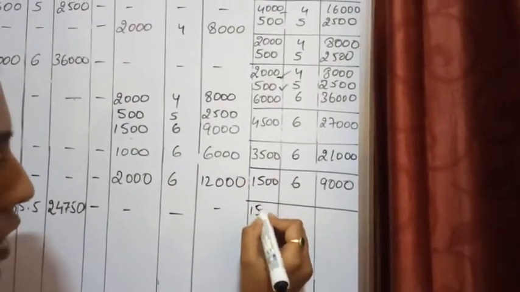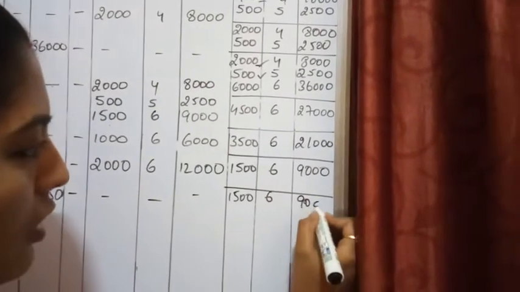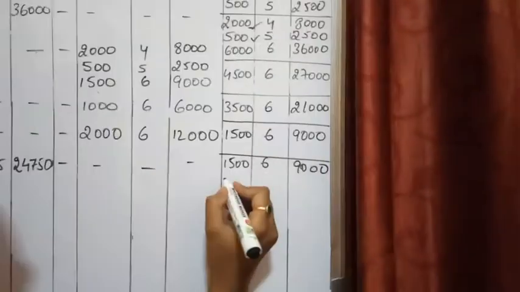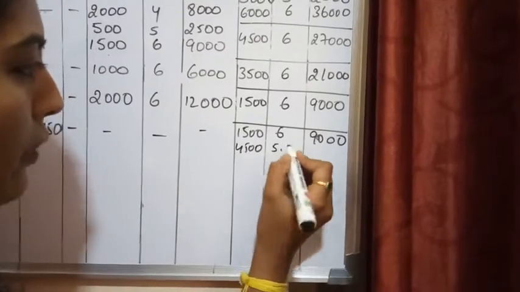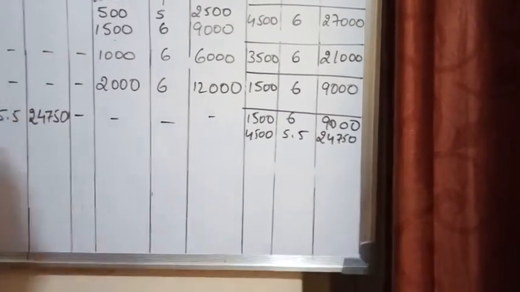First I will record this 1,500 into 6, 9,000 as it is, and now the new purchase that we have done, I will record 4,500, 5.5, that is 24,750.